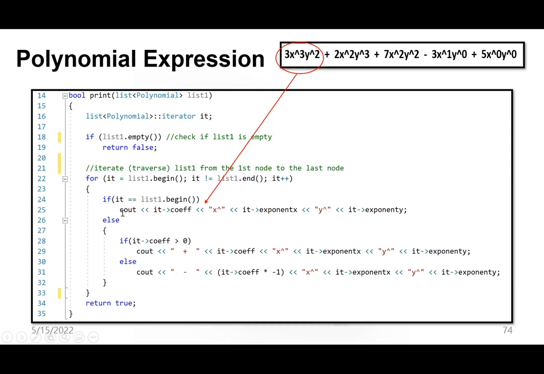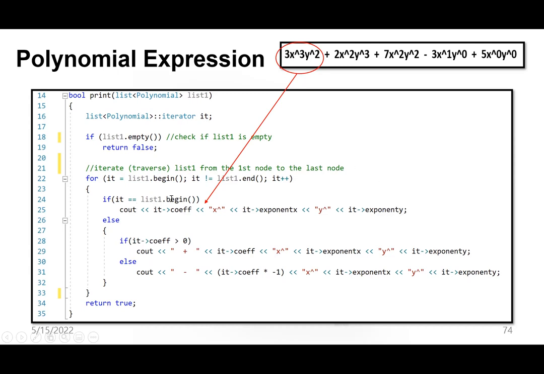So that's why I have another cout just to print the coefficient. Followed by x, then this sign, and then the exponent x value, the power, and then y, the exponent y value, the power of the exponent y. Okay, then how about this one?